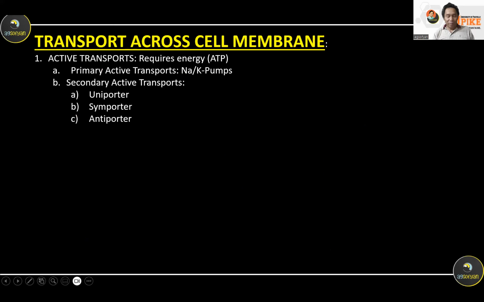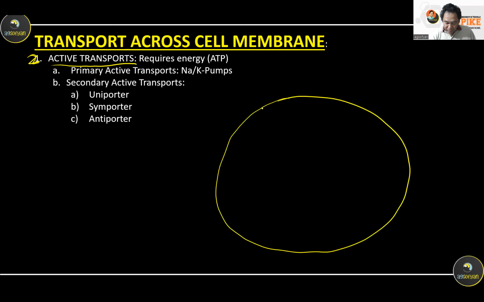Now we go to the second type of transport, which is active transport. We will see primary and secondary active transport. Let's say this is the cell.